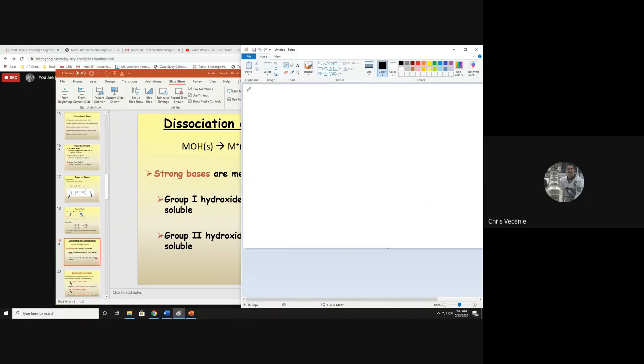group 1 hydroxides. So we're looking at LiOH, we're looking at KOH, we're looking at RbOH, we're looking at NaOH.